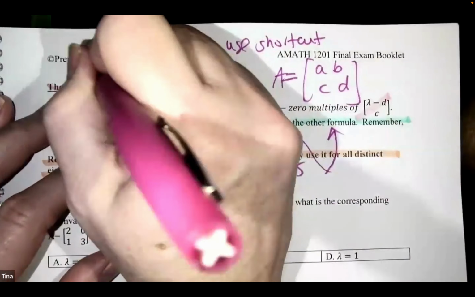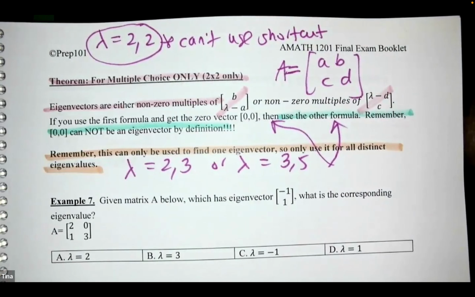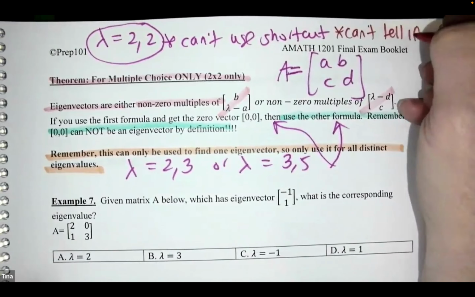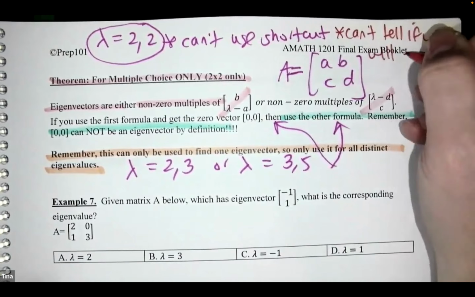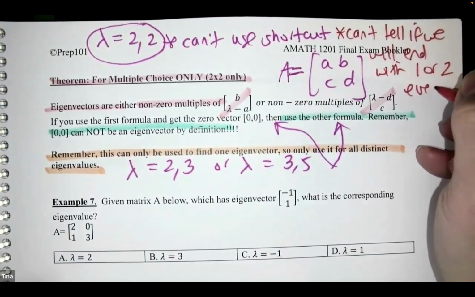Just by looking at this, we have no idea: is that one eigenvalue going to give me 2 different eigenvectors or 1? This method can only ever give you 1, so we have to do it the long way, because we can't tell if we will end up with 1 or 2 eigenvectors.